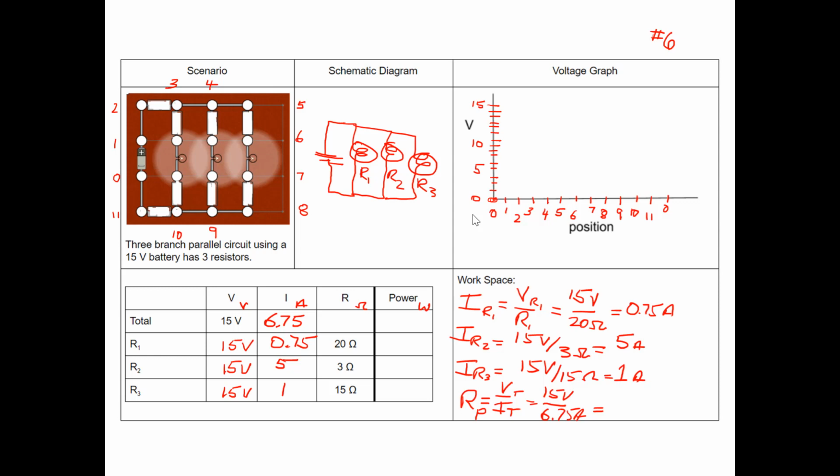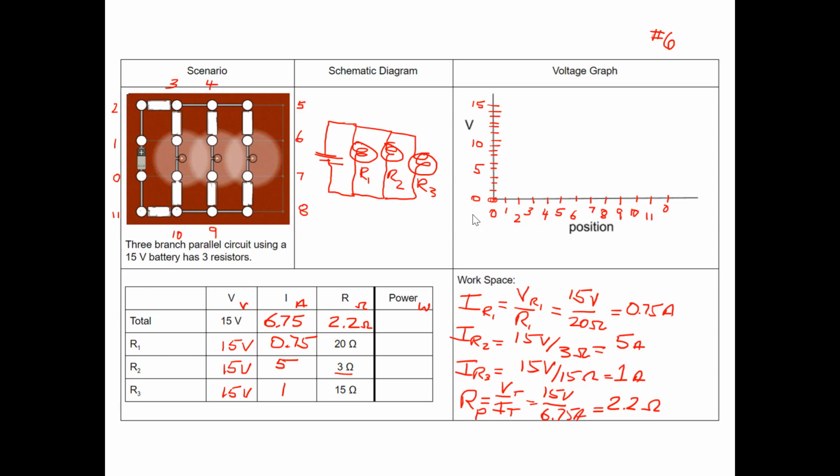I find out it's just a little bit over 2, about 2.2, and it keeps on going after that. So I'll stop at that point: 2.2 ohms. And it fits, where the resistance of our parallel circuit is less than any single branch along our parallel circuit arrangement. Our lowest here is 3, so we'd expect that this would be no more than 3. In fact, it's a little bit less than that.